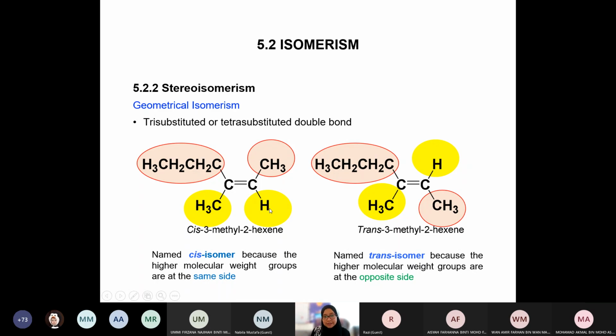And for this one, we have to compare the groups attached to the same carbon, to know which is high or low molecular weight. Hydrogen has molecular mass of 1. CH3, carbon is already 12, and another 3 hydrogens, it's 15. So 15 versus 1. Which one has higher molecular weight?